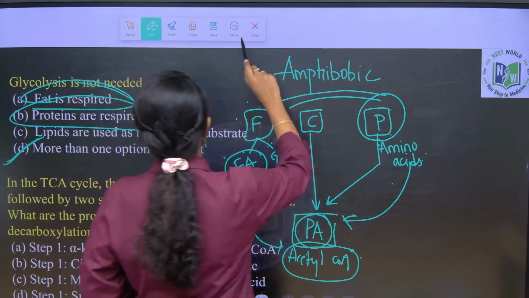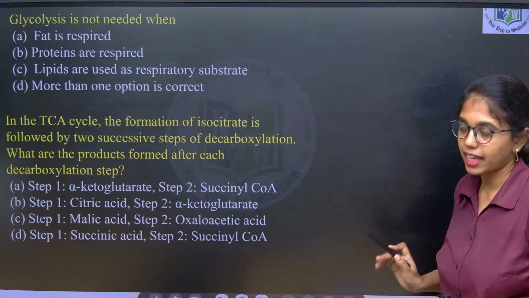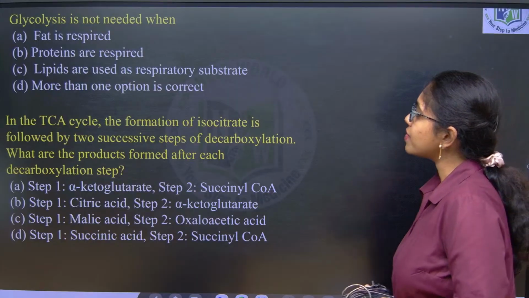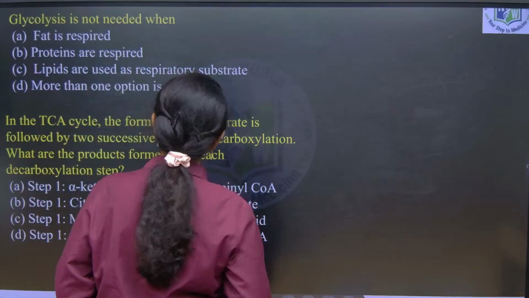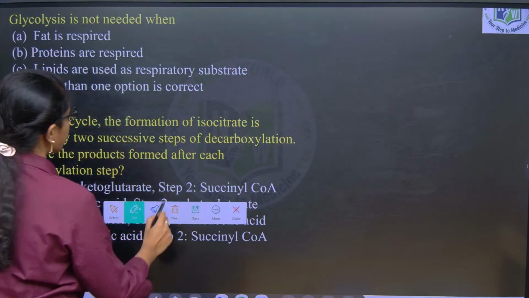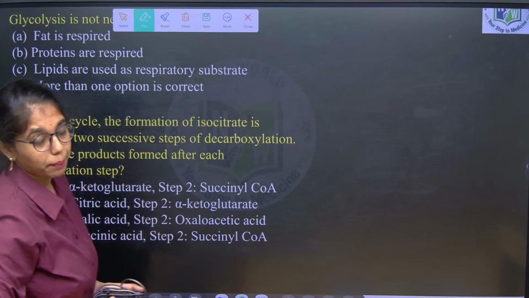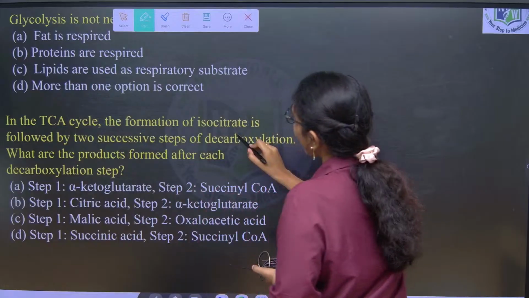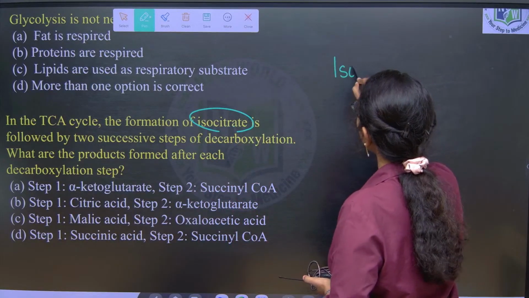Next, the next question is about the tricarboxylic acid cycle. The formation of citrate is followed by 2 successive steps of decarboxylation. What are the products formed after each decarboxylation step? So here, after formation of isocitrate, what happens in the cycle?